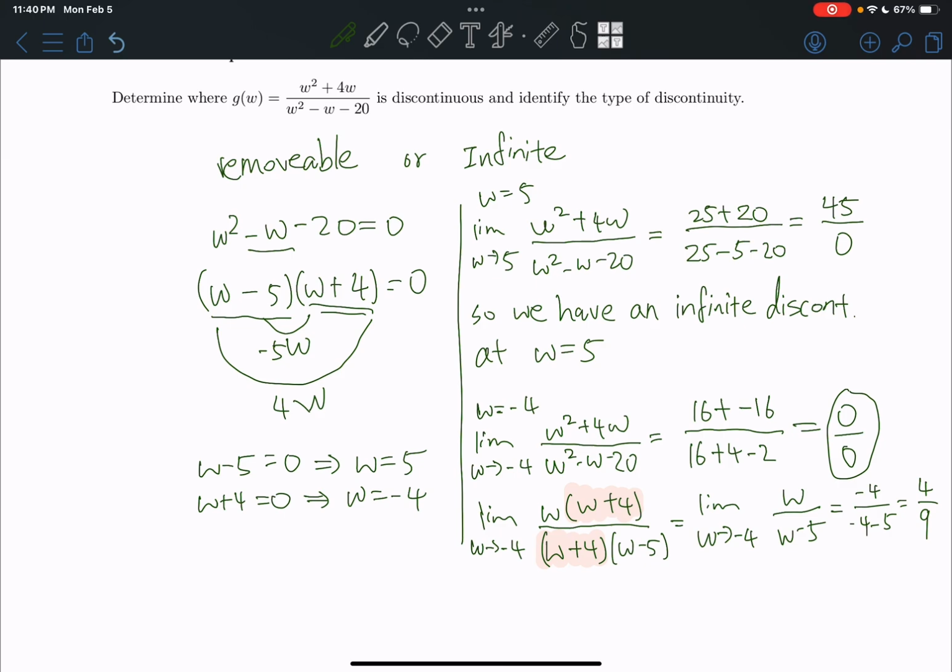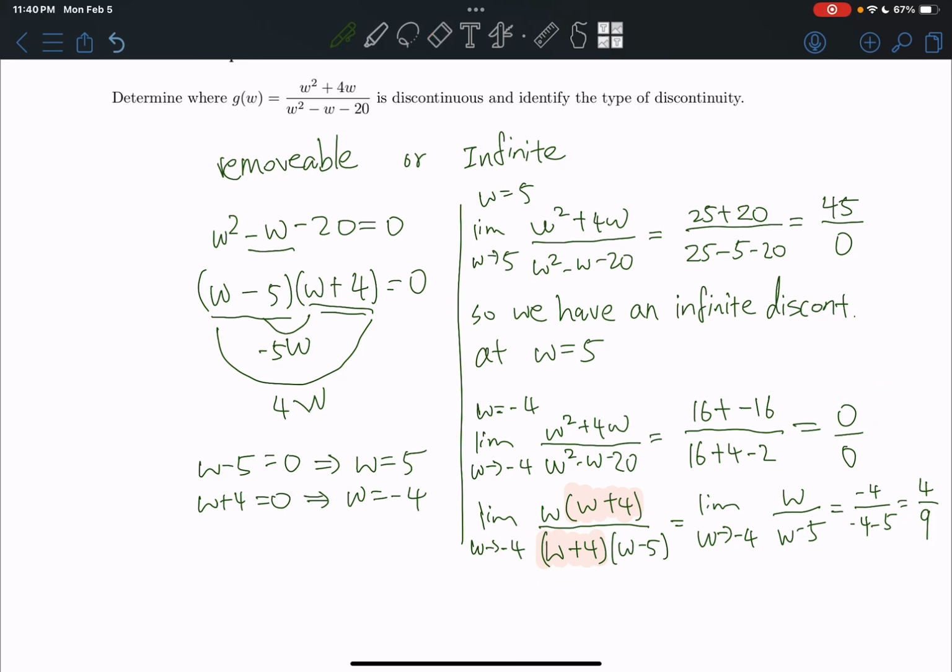This doesn't automatically imply it, because you could have simplified and found another factor of w plus 4 on the bottom, for the sake of example. But typically, 0 over 0 is a big indicator of a potentially removable discontinuity.